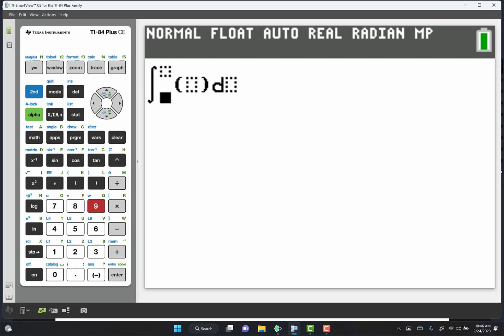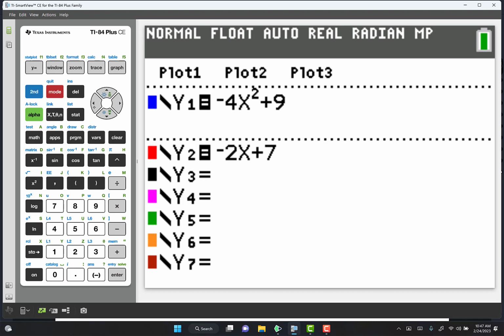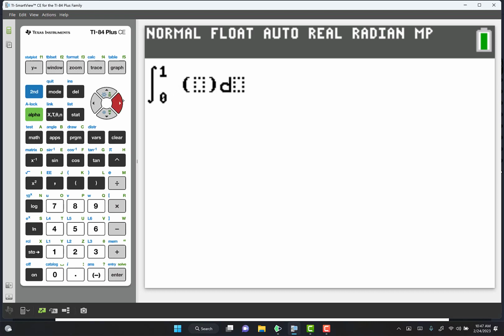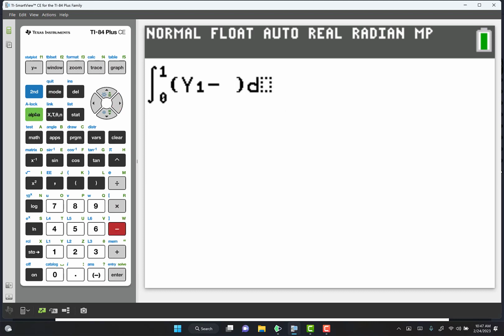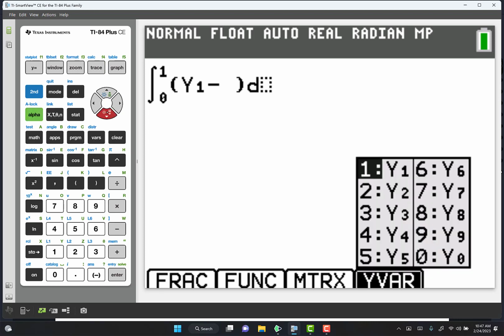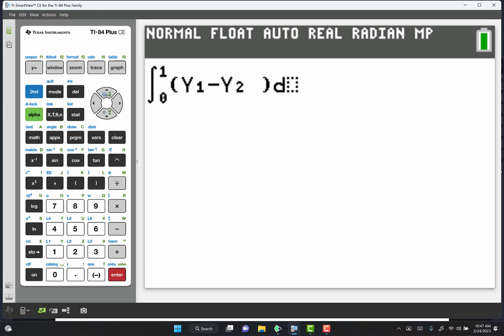Math 9, 0 to 1. And I think I do have them in there, yeah. So it's going to be y1 minus y2. So go alpha trace y1 minus alpha trace y2. Put an x.